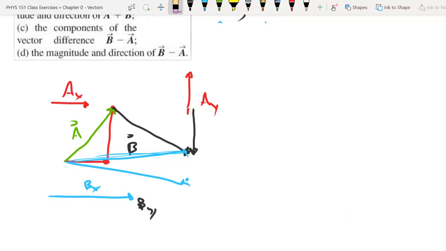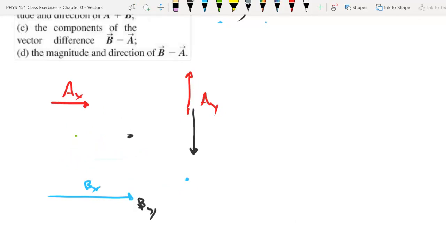But what happens when I just add up these components? Given here my AX, AY, BX, BY, which I'll need to redraw. The BY looks something like this. I first add in the AX and the BX, then the AY and the BY.